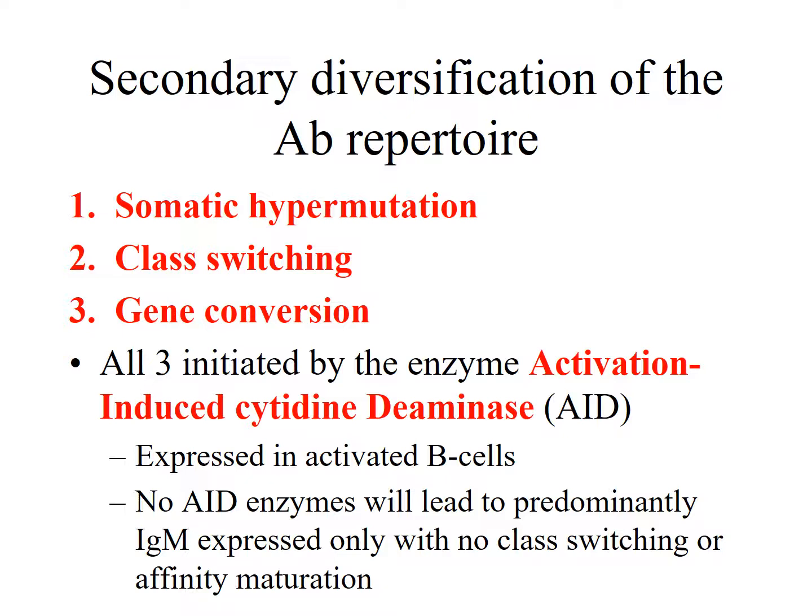So, class switching, and now we can expand our repertoire of antibodies by going from M to G, M to E, whatever. But then we also take into account things such as somatic hypermutation, which V to which J, which VJ to which C, and so on.